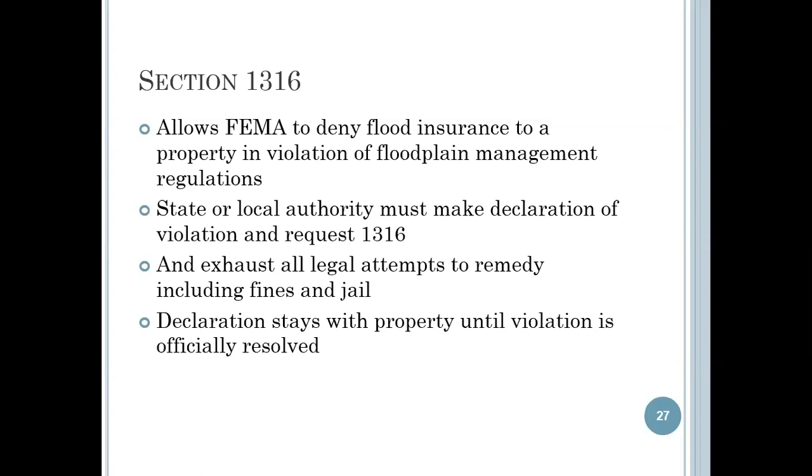We will then put that property into our database, and every time a policy, whether it's one from our Write Your Own companies or from our contractor handling the direct side, it bangs against that address, against the database, and it pops out as being a 1316 and not eligible for coverage. And it stays on that list until that violation is corrected.